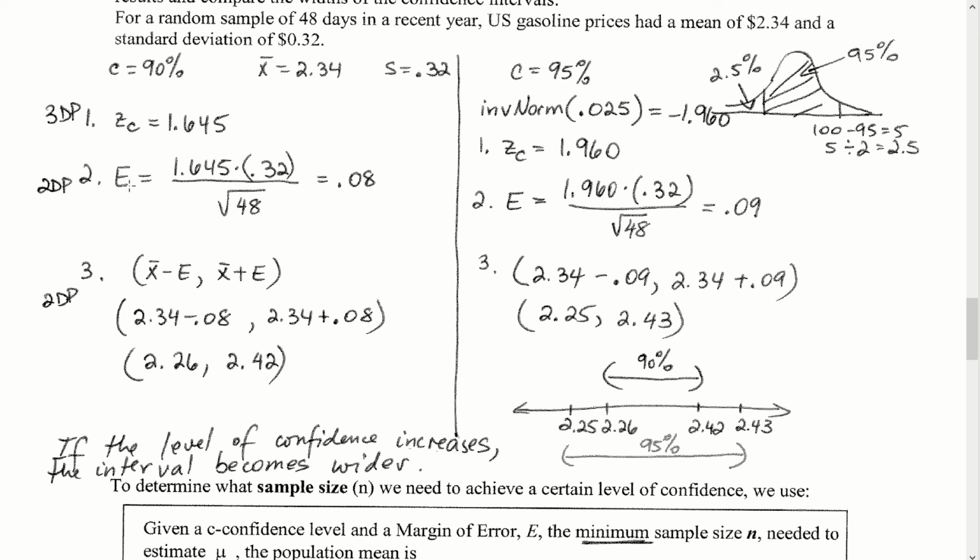If you go back to the formula, E is equal to ZC times sigma divided by the square root of n. Well, we have sigma, or S we can use as a stand-in right now, that's 0.32. We know the sample size was 48, so we have that. The only thing that we don't have at the moment is the ZC value that corresponds to a 90% confidence interval.